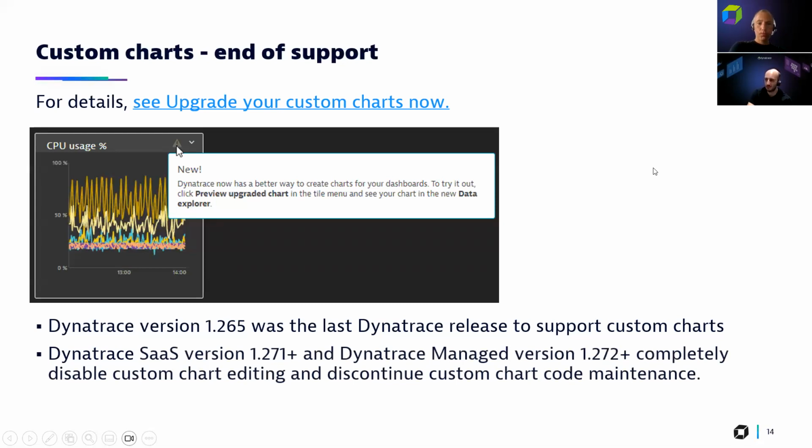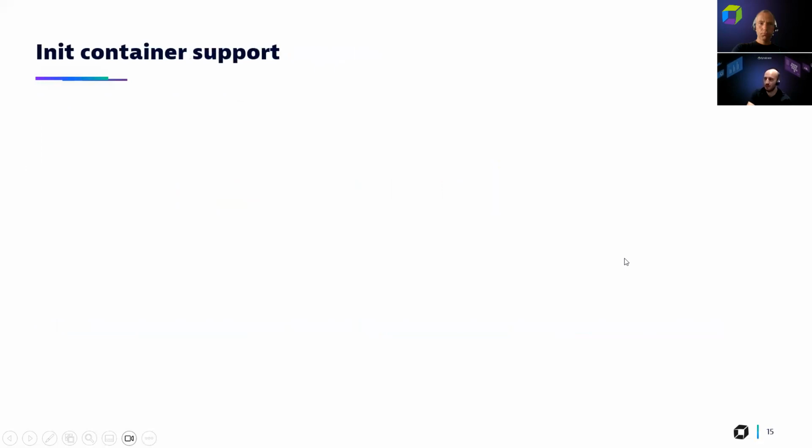And for the SaaS versions 271 and 272, which is really early, we are already in 271, we will completely disable custom chart editing and discontinue chart code maintenance. You can, of course, upgrade your charts tile by tile and dashboard by dashboard, or using the API all at once, and that is also possible. Okay. That's all on the Observe and Explore section.